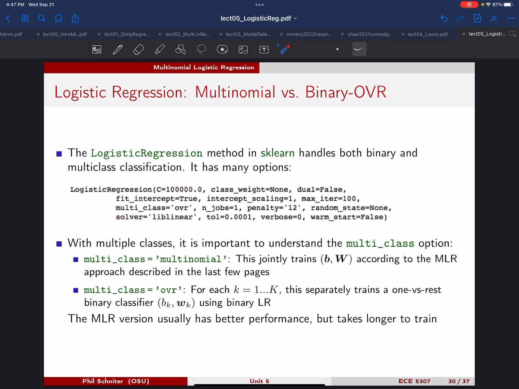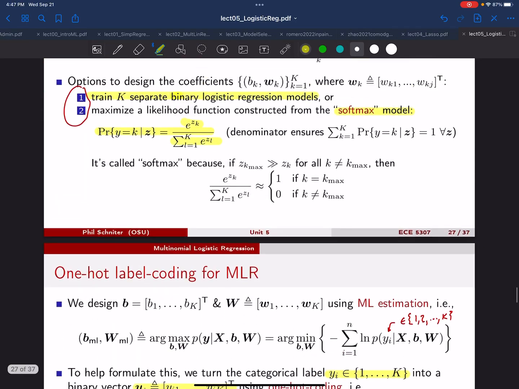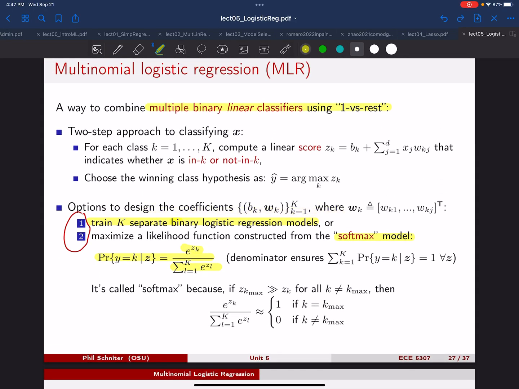Okay, so let's talk a little bit about the implementation now. In scikit-learn, we have this logistic regression object. It handles both the binary and the multi-class cases. The parameter that controls that, which is one of the more important parameters, is this. Remember that when you have multi-class data, there are two different ways to train it. You can train it using separate binary logistic models, or you can train everything jointly, all the weights and biases, using this MLR.